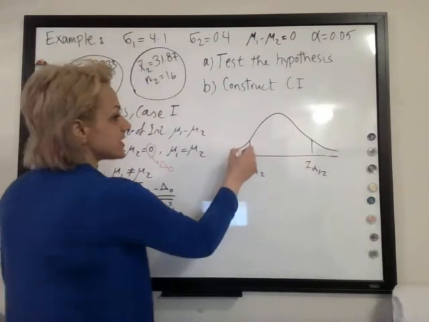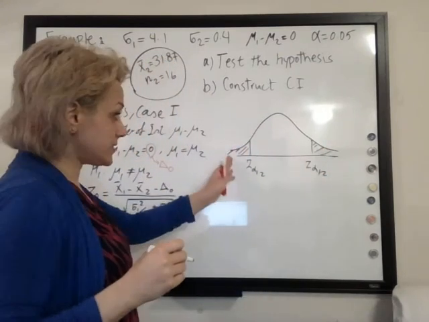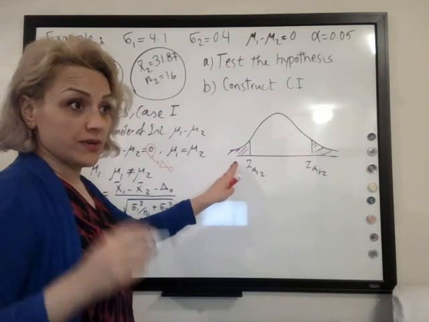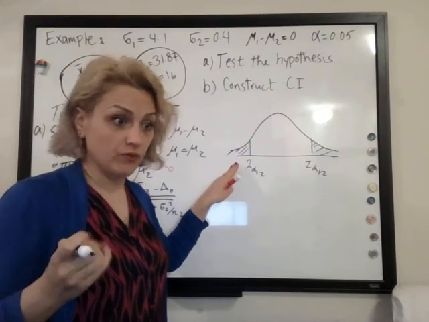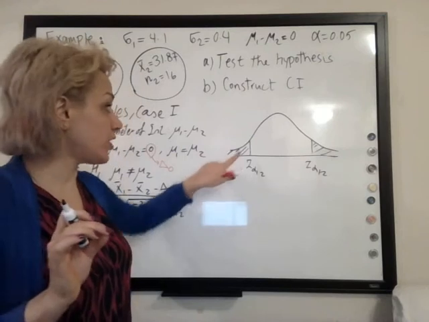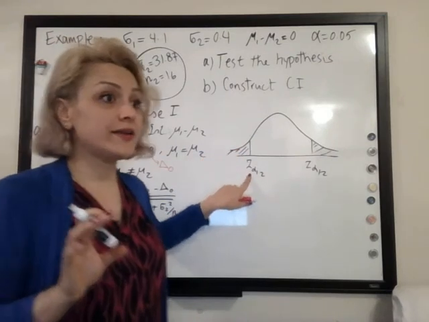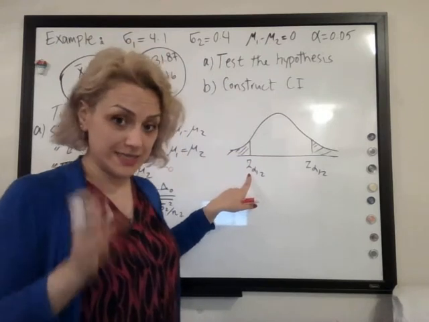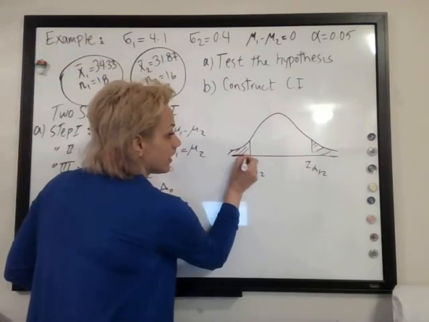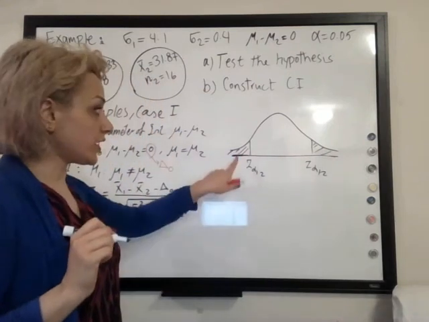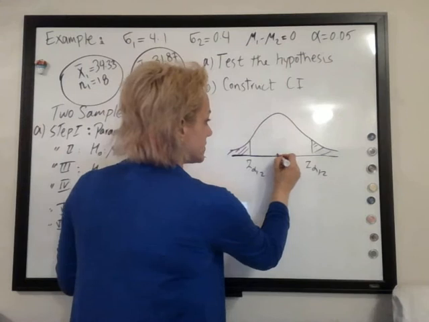If we are in this area and in this area, then my z observed would be in this. When I say in this area, be careful. We have two methodologies. One is the p-value. When we are talking about the p-value, we are considering this area, comparing the area. If you are considering the approach of just this z, what you are going to do is consider this length, the length whatever we have from the point 0.